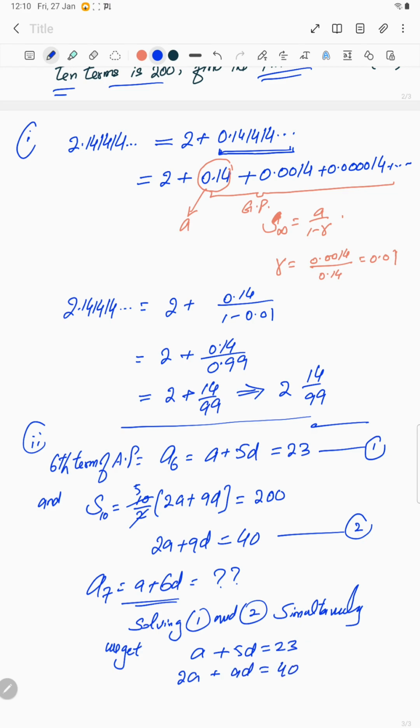If I multiply the first line, the whole thing, by 2, it becomes 2a plus 10d equal to 46, and let the second equation stay as it is, 2a plus 9d equal to 40. Change the sign for subtraction, and we get d equal to 6.